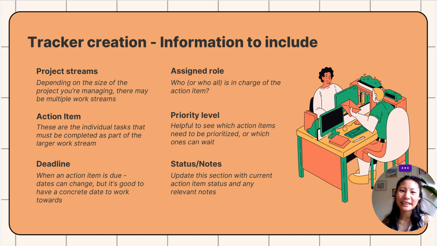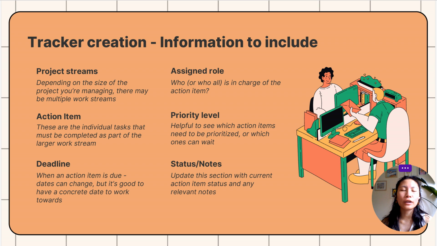And the next part, which can be optional, but I sometimes opt to include, is priority level. It is helpful to see which action items need to be prioritized or which ones can wait. For a smaller project, this is probably not needed, but for a larger project, I would definitely encourage having a column there so that you can note this is high priority, this is low priority.